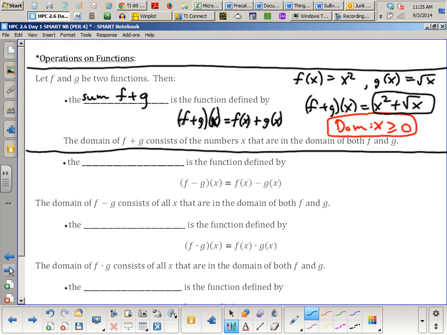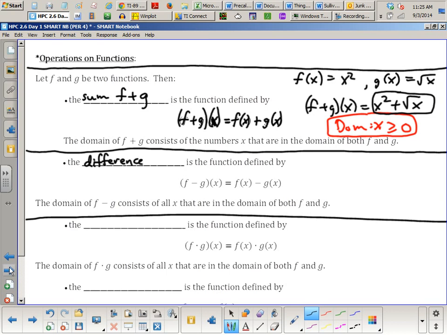Let's go on to the next one. So after sum, we can talk about difference. The difference, f minus g, can be written as f minus g in parentheses and then x. Or you can simply think of it as f of x minus g of x.